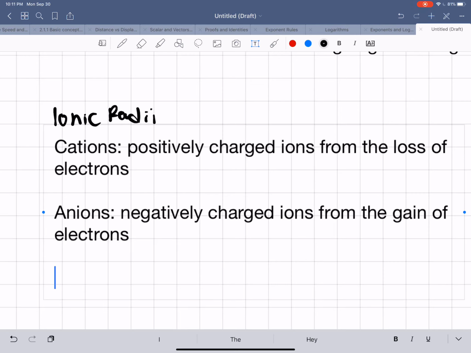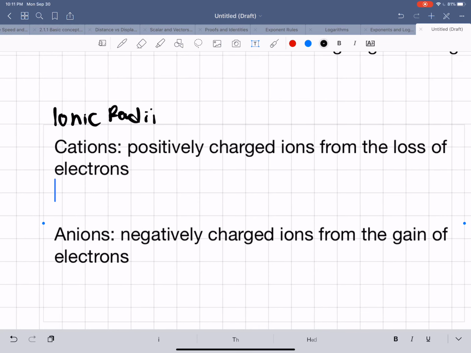So when an atom becomes a cation, what happens is cations become smaller than the metal atoms from which they formed, because now there are fewer electrons than protons and one less shell of electrons. So when a cation loses electrons, there are fewer shells, which decreases the atomic radius.